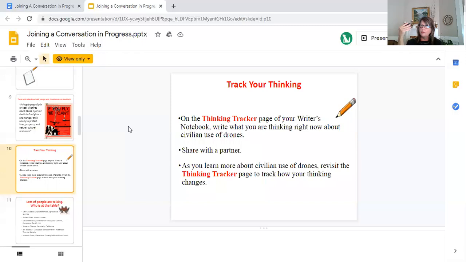We first learned they're great gifts, people want them for Christmas, and now we've learned that it really hinders firefighters from fighting the fires when civilians are flying their drones near where wildfires are occurring. So what are your thoughts right now?